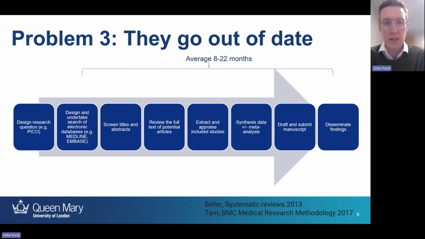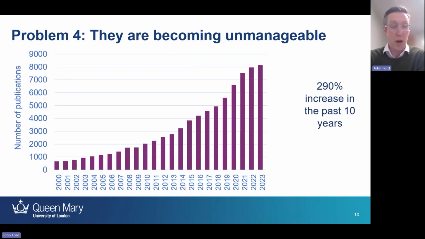out of date. And of course, that's a problem because the number of articles being published every year is just increasing and increasing. This bar chart shows articles related to health inequalities and primary care, from a PubMed search.